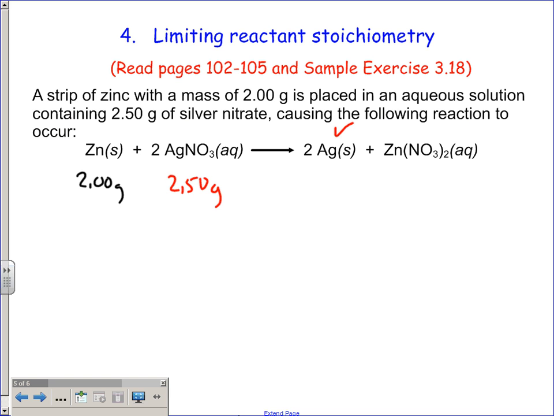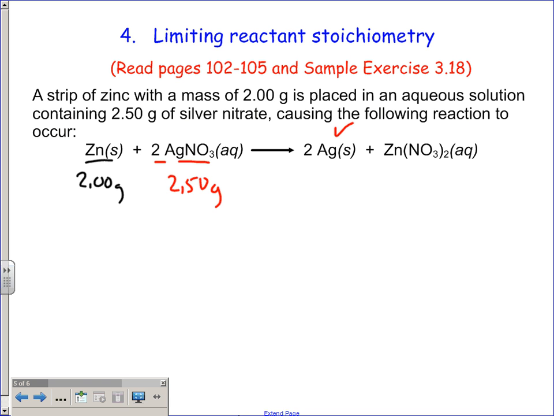If I predict how much silver this amount of zinc would make, and how much silver this amount of silver nitrate would make, I can compare apples to apples. Which one made less silver? The one that makes less silver is your limiting reactant. And conceptually, that's the very easiest way to do this.